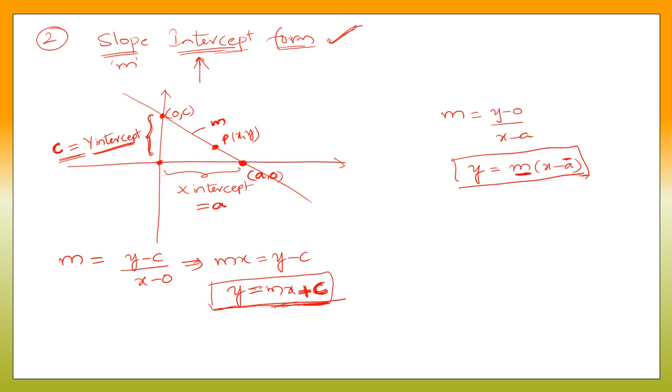Next, moving on to the third form. Form number 3 is the point slope form. What is this? The name itself suggests that a point (x1, y1) is given and the slope m is given.